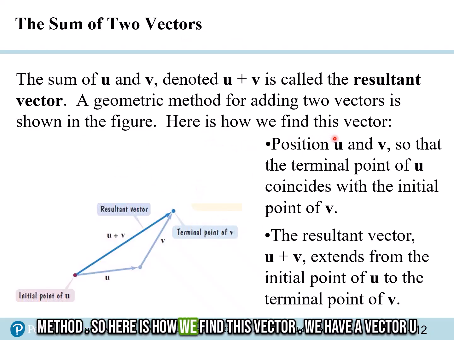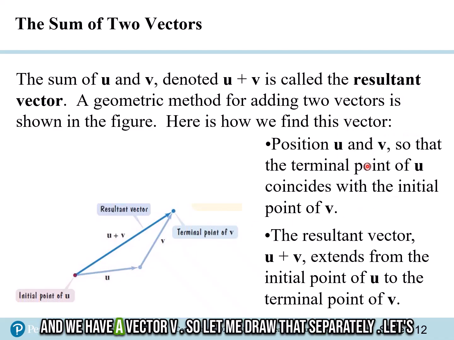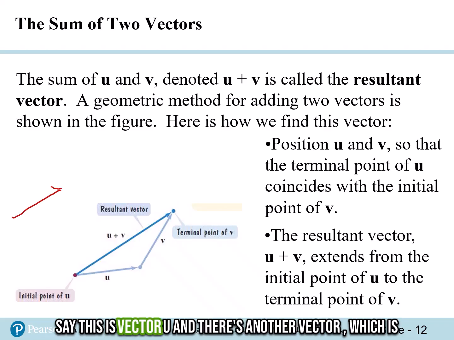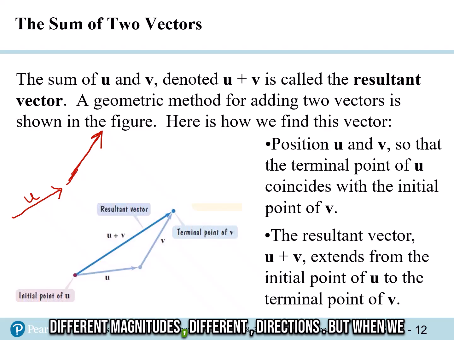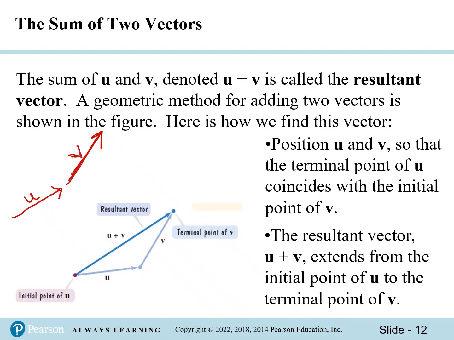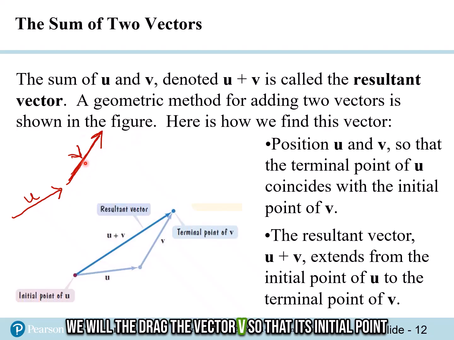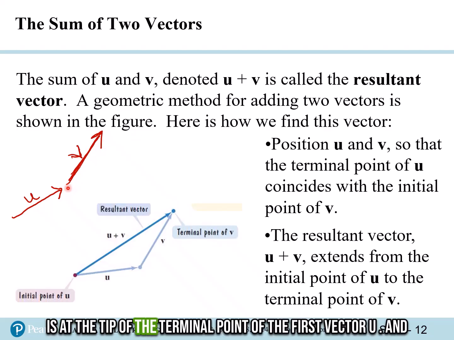So here is how we find this vector. We have a vector u and we have a vector v. So let me draw that separately. Let's say this is vector u and there's another vector which is vector v. They have different magnitudes, different directions, but when we want to add them up geometrically, we will drag the vector v so that its initial point is at the terminal point of the first vector u.